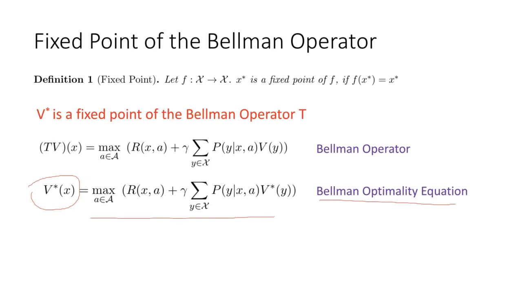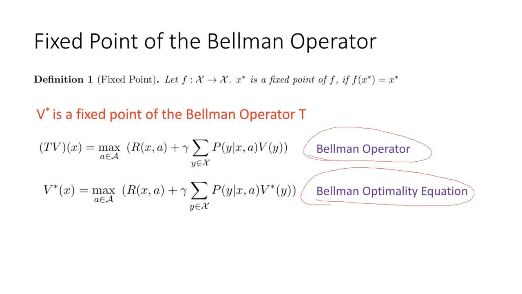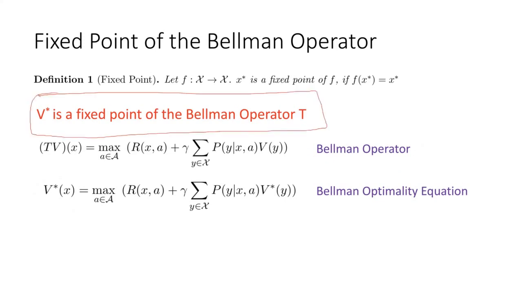Now, all you need to do is compare these two equations. Consider you are giving V star as the input to the Bellman operator. Then this is how you evaluate it, and by definition, that is going to be exactly V star. So given that the Bellman optimality equation is satisfied, and this is how you define the Bellman operator, this observation is very straightforward. V star is a fixed point of the Bellman operator.